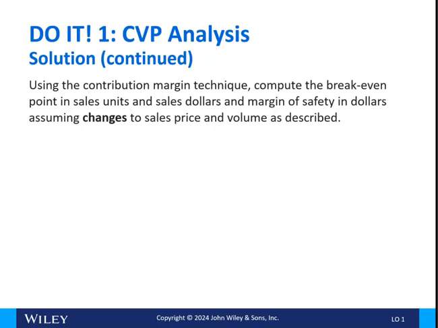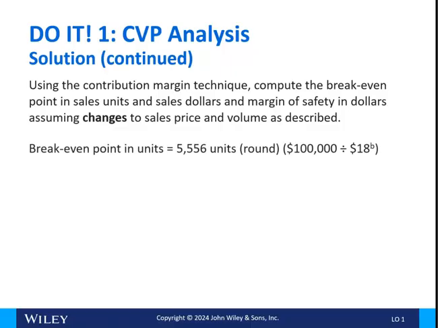Now compute the break-even point in sales units and sales dollars and margin of safety in dollars, assuming changes to sales price and volume as described. So again, a 10% decrease in selling price and a 25% increase in sales units. So break-even point, it's our fixed cost, $100,000, divided by our contribution margin.